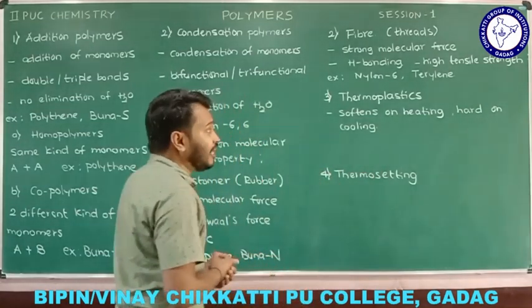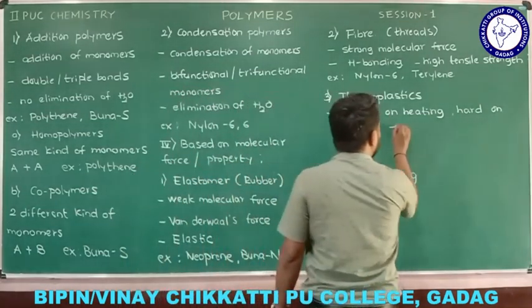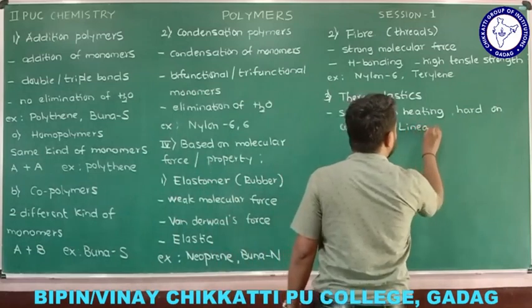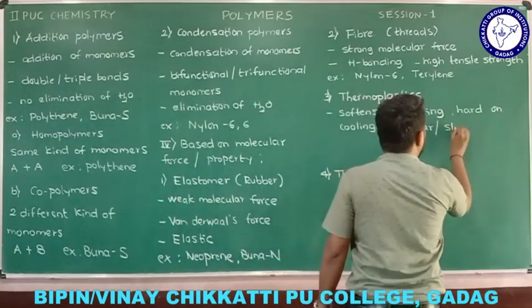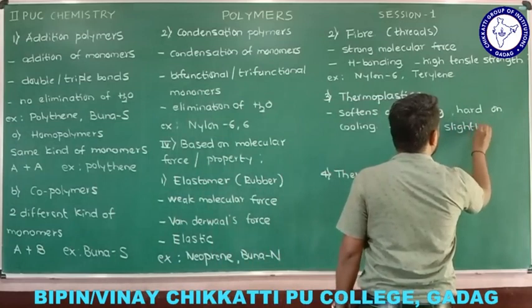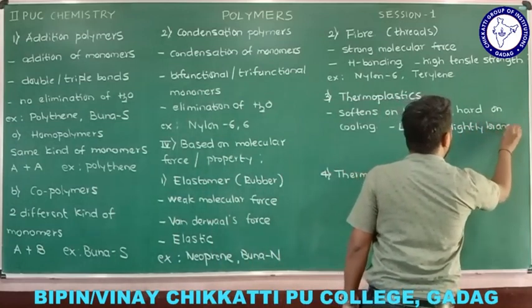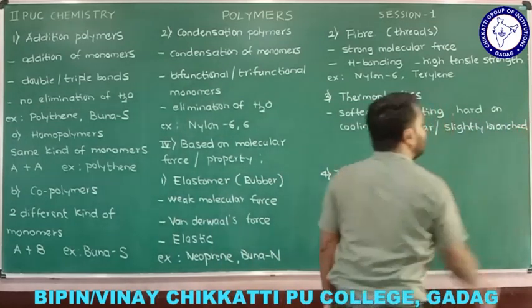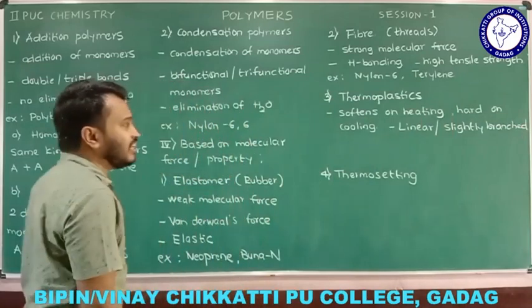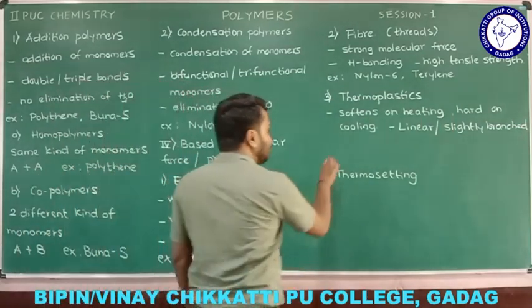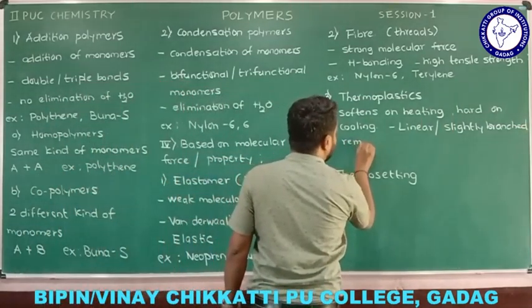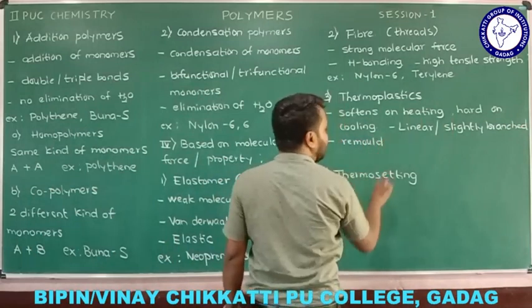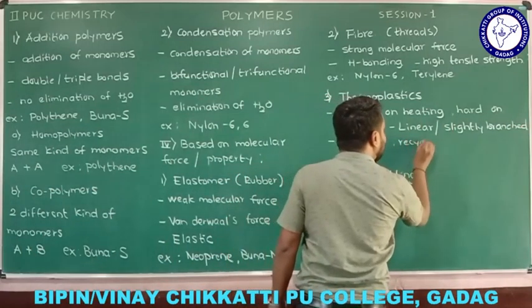Polymers or substances which soften on heating and harden on cooling, we call them thermoplastics here. And try to know, thermoplastics are linear polymers. They may be linear or slightly branched. And here you can remold them, and you can recycle them also.